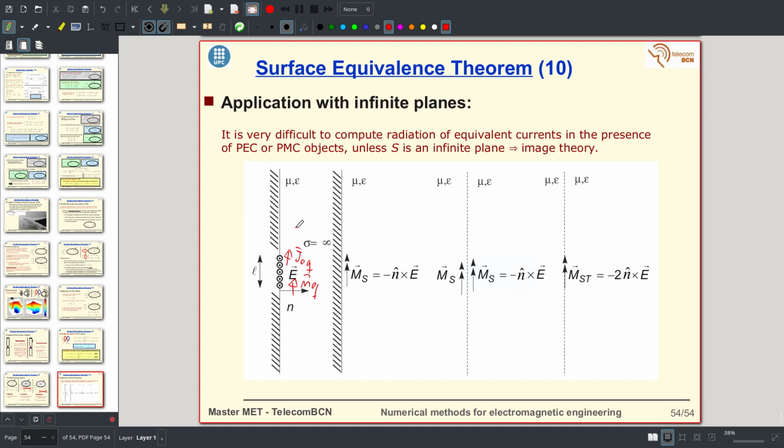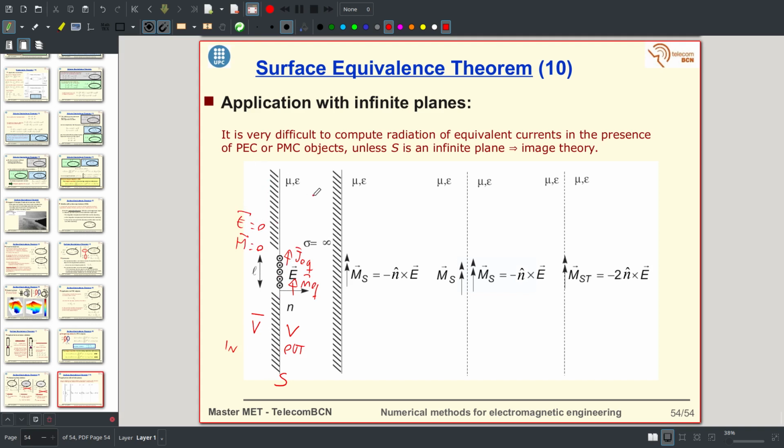This is the volume outside S, this is surface S, the infinite plane, this is inside, and this is outside. Here is where you have the fields equal to 0, and this is the aperture.